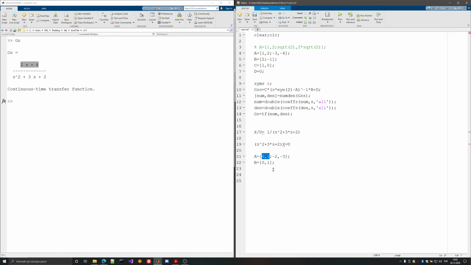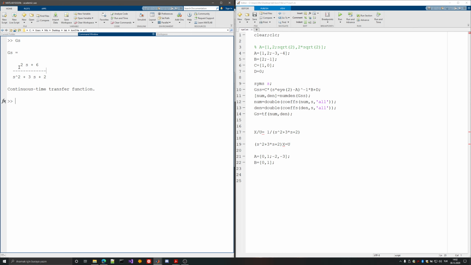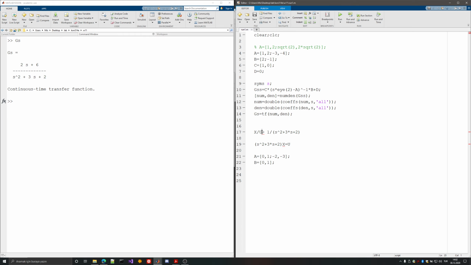So now I have basically the relation between 1 divided by s squared plus 3s plus 2, or namely x and u. So the only thing left, and I've already shown you, is that I should find the output. So let me give you the Laplace equation, y equals cx plus du.